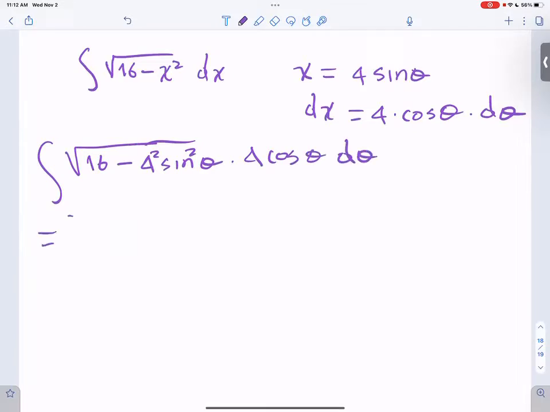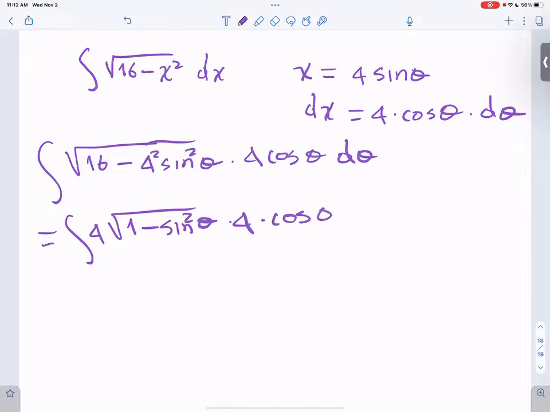And this is the integral. If I factor out the 16, the square root of 16 is 4, and that's going to be 1 minus the sine squared of theta, times another 4 times the cosine of theta d theta.